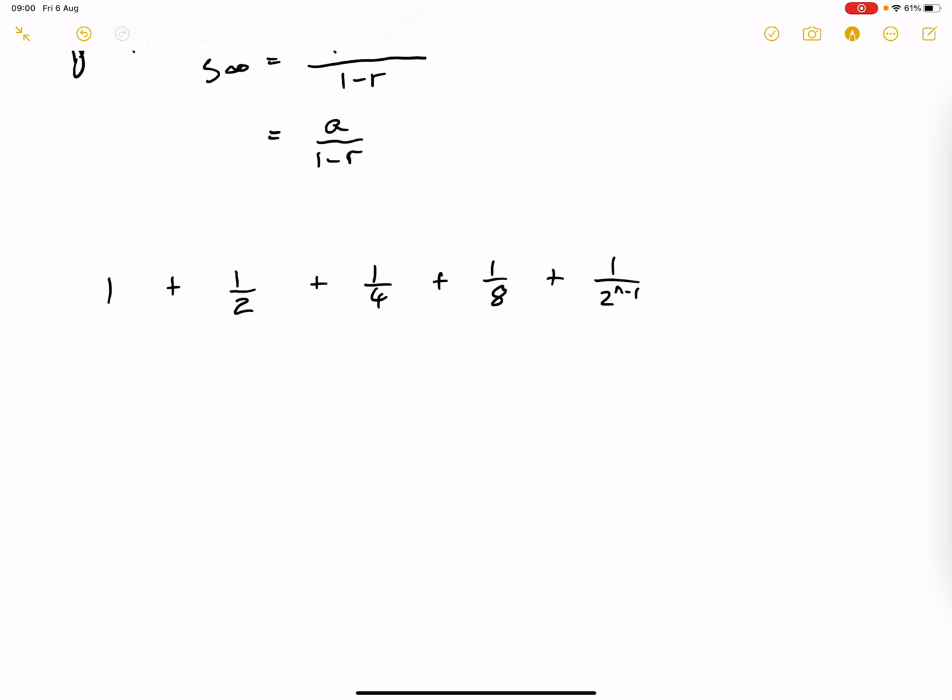I'll put a dot in the middle, plus, over 2 to the n minus 1. Just making sure I've got that correct. Yes, I have.